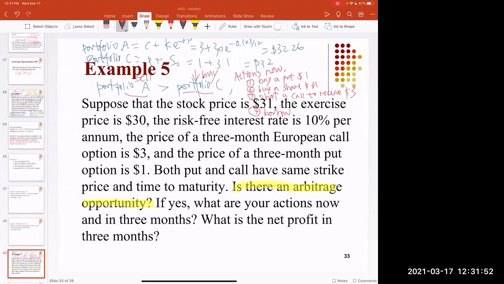How much are you going to borrow? Let's see how much you need. You buy a share for 31. You buy a put for 1, so total 32. That's 31 plus 1 and minus 3, because you take a short position on the call. So how much are you going to borrow, for 3 months? Please take a look.